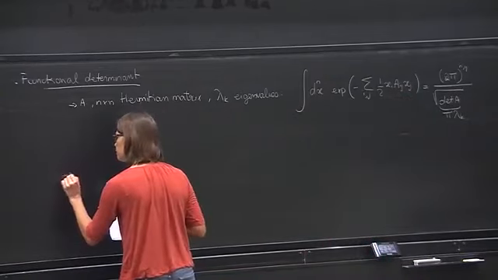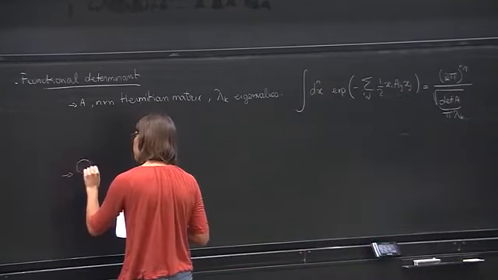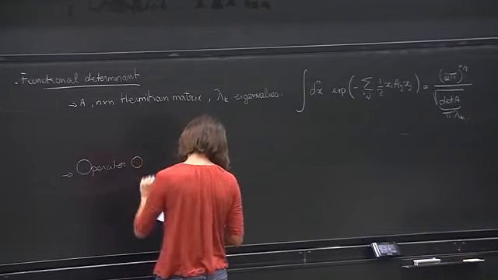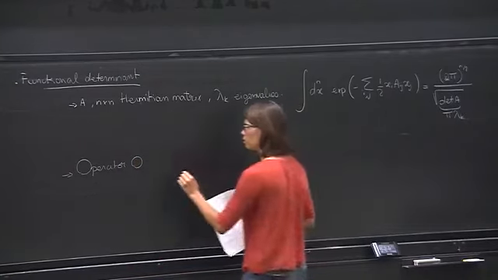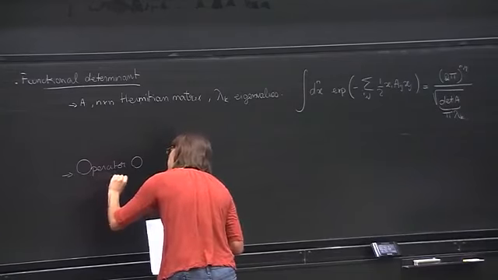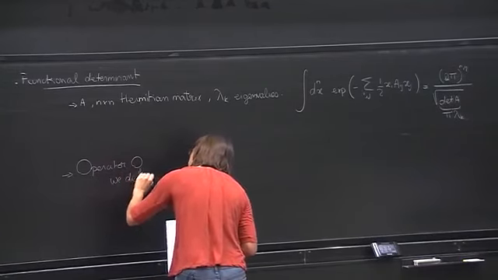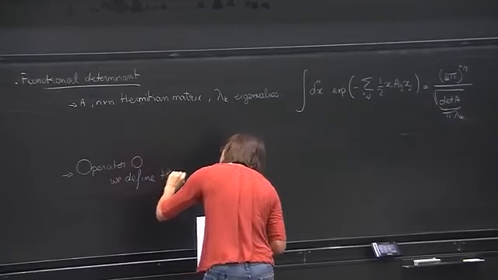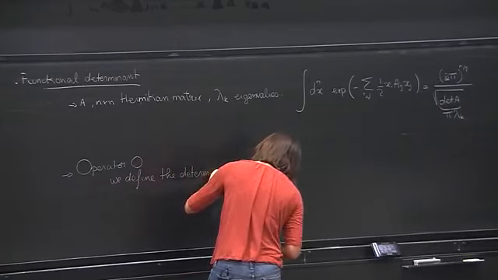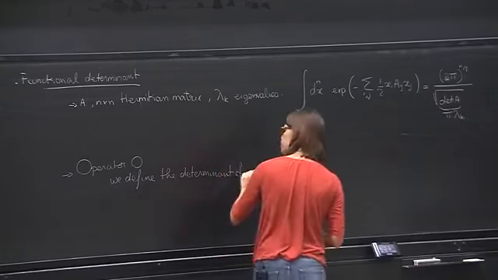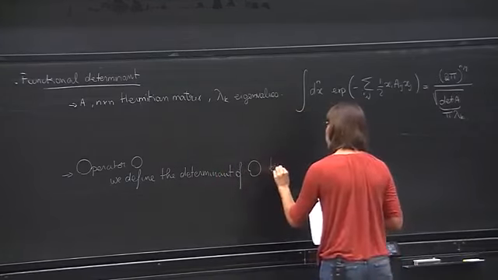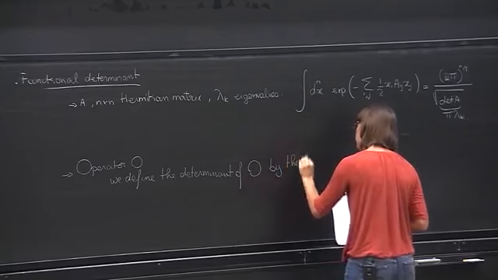So now we are dealing with, let's call it, an operator O. And so this is kind of a definition: we define the determinant of the operator O by an infinite product of its eigenvalues.